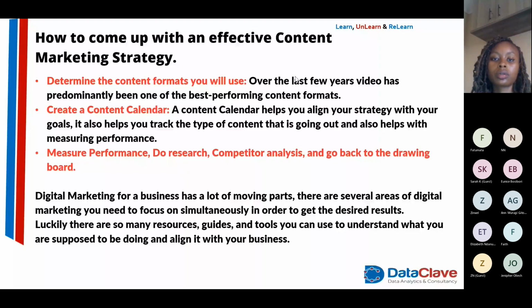It also helps you with the measurement of performance. So a content calendar, I'd say, is very, very vital. Then the seventh step is measure performance: do analytics, do research, do competitor analysis.